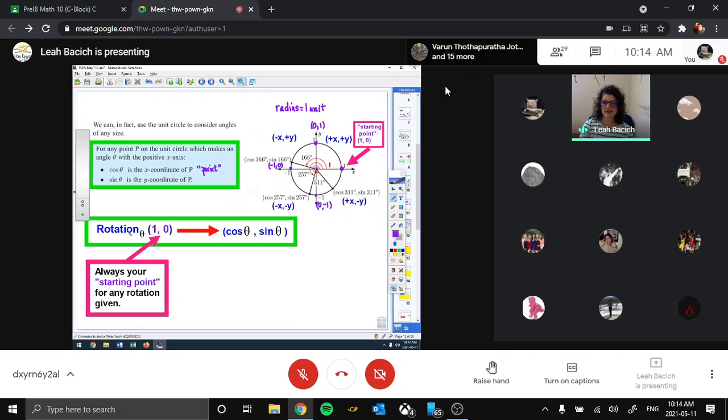So in essence, anytime I rotate any amount of degrees, for example, if I rotate 166 degrees, I would write that as the cosine of 166, and the sine of 166. So out of curiosity, what is the cosine of 166 degrees?